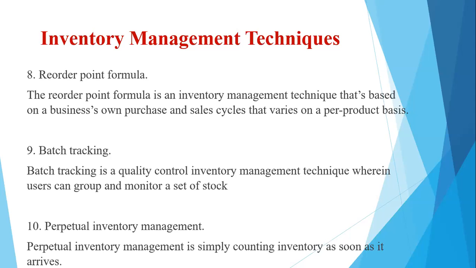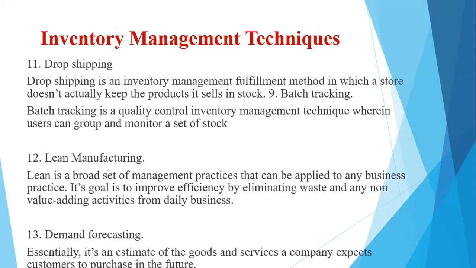Now it's the most basic inventory management technique, and it can be recorded manually on pen and paper, or it can be recorded on a spreadsheet. So this is one of the ways of managing inventory. Then we look into the next technique, say the 11th one, that is drop shipping.